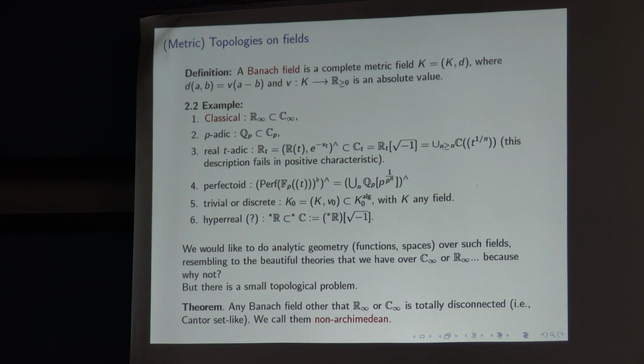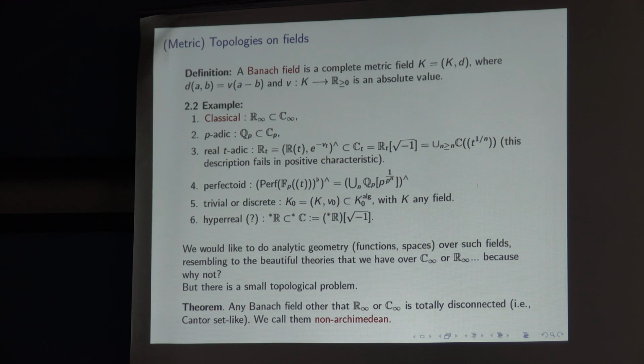And what is more interesting is that we have several examples there. We have, for example, the classical. For me, whenever I say classical in this talk, I will refer to the classical Archimedean value of the reals and the complex numbers. But we have other examples, for example, the p-adic numbers.